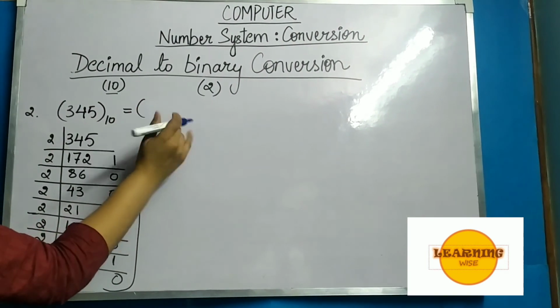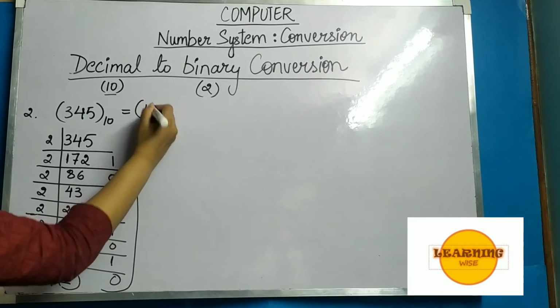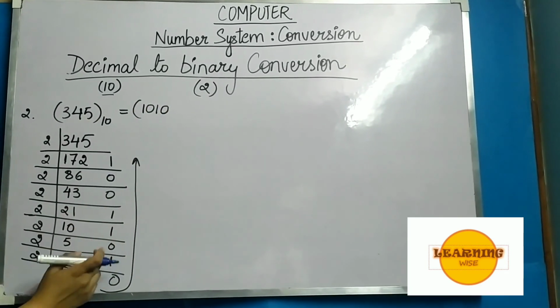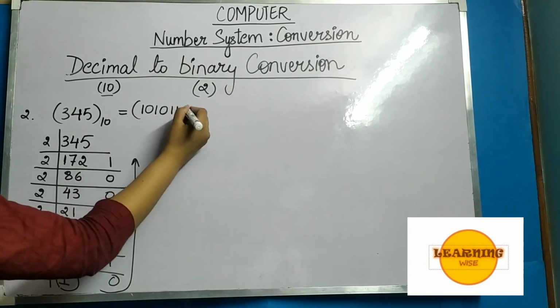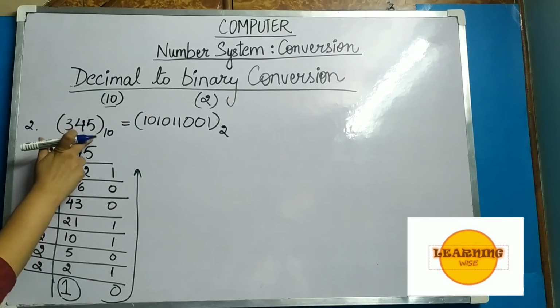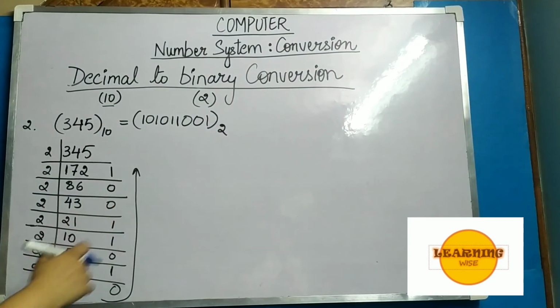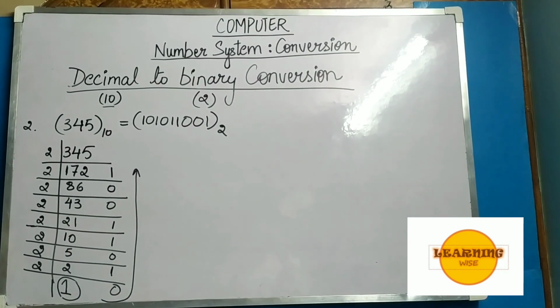Let me write it here. 1 0 1 0 1 1 0 0 1. So this is my answer of 345 into decimal, sorry, into binary. I hope you have understood this conversion.